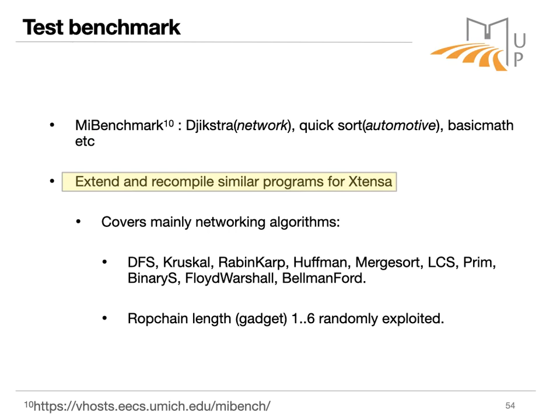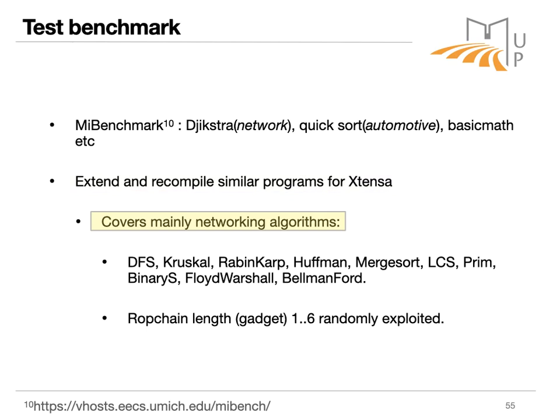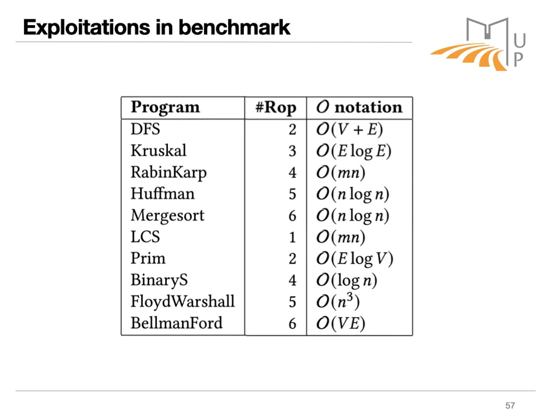This is because the programs in MiBench were built for ARM processors. In these programs, we randomly exploited ROP chains containing 1 to 6 gadgets. This table shows the distribution of the number of codes or gadgets that were reused in each of the benchmark programs and the complexity of each of the programs, as this was useful to us during detection analysis.